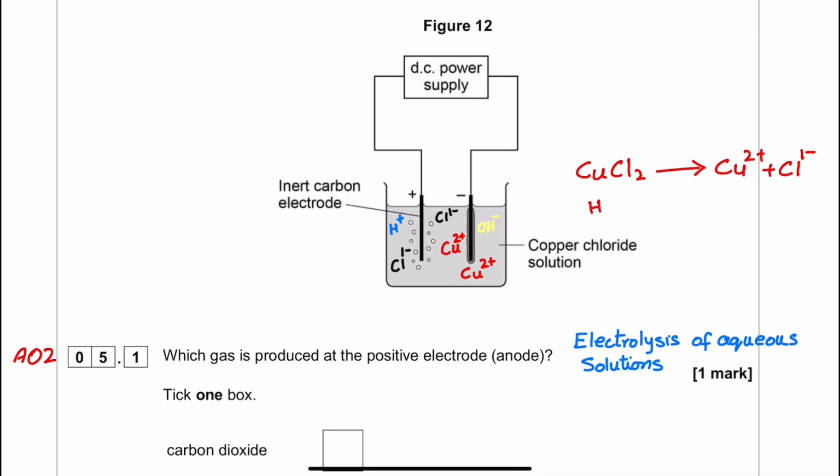Similarly, the water molecule also dissociates into H+ and OH−. So in the solution, we have a couple of ions present there: copper ions, chloride ions, hydrogen ions and hydroxide ions. They are present in the copper chloride solution.